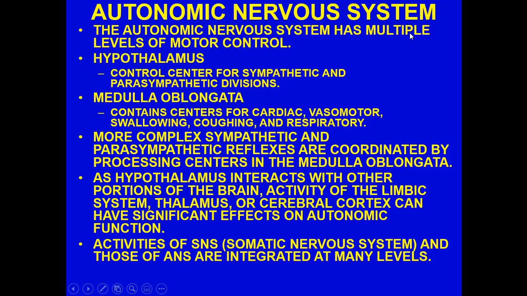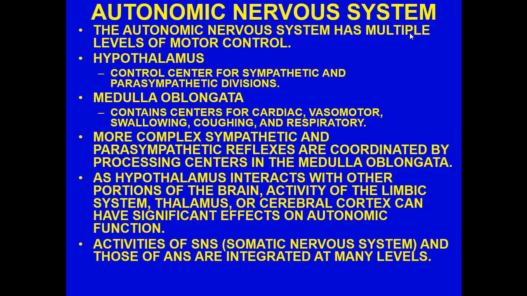Now, there are multiple levels of motor control for the ANS. The key one is the hypothalamus. It has several nuclei there that control the sympathetic and the parasympathetic divisions. Next would be the medulla oblongata, which contains centers for cardiac, vasomotor, swallowing, coughing, and respiratory. More complex sympathetic and parasympathetic reflexes are really coordinated by these processing centers in the medulla oblongata.